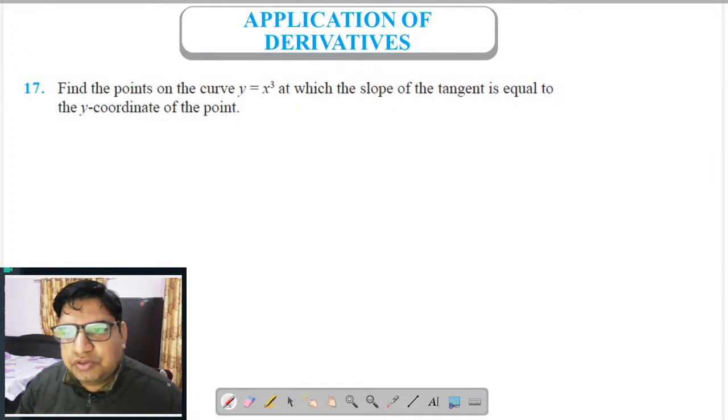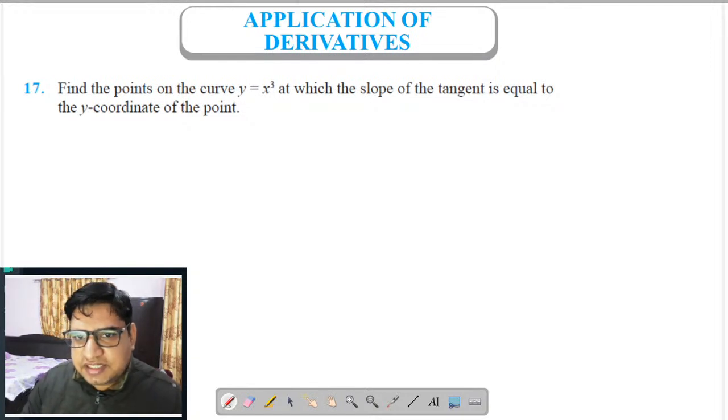So find the point on the curve at which the slope of the tangent is equal to the y coordinate of the point. So the slope of the tangent, dy by dx, is equal to the y coordinate of the point.